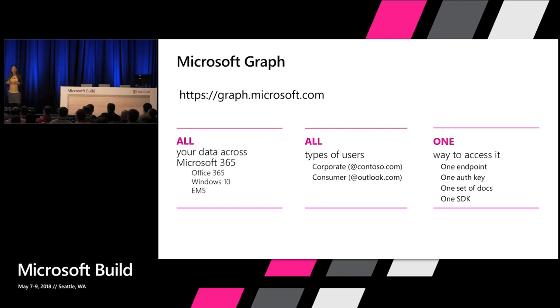And then the graph gives you one way to access it, one endpoint, one auth token that you will be able to use to get all access to this information, one set of documentation, one SDK.